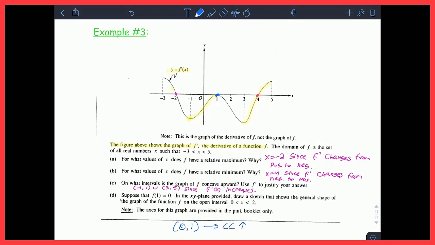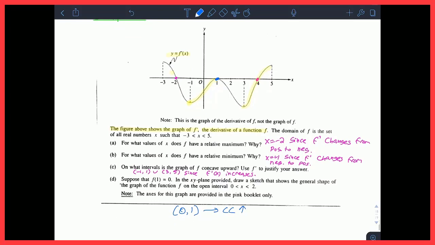And from 1 to 2, I am concave down, because I know that my first derivative is decreasing from 1 to 2. So if I want to be concave up from 0 to 1, I make that little U shape, just like this. And then from 1 to 2, I make the upside down U shape, right? In order to change from concave up to concave down, I know I have to have a point of inflection, which is basically a change in concavity.